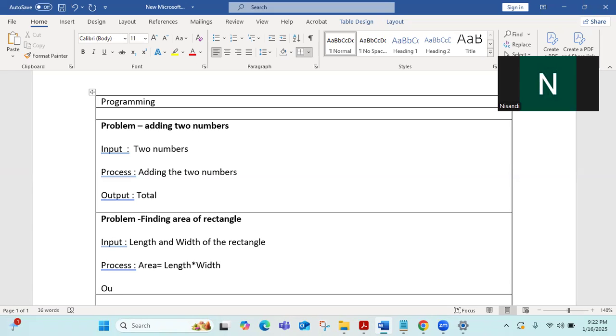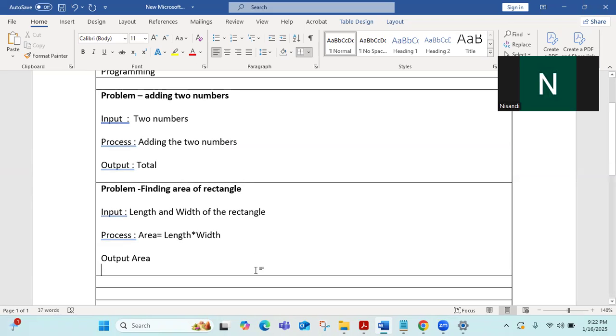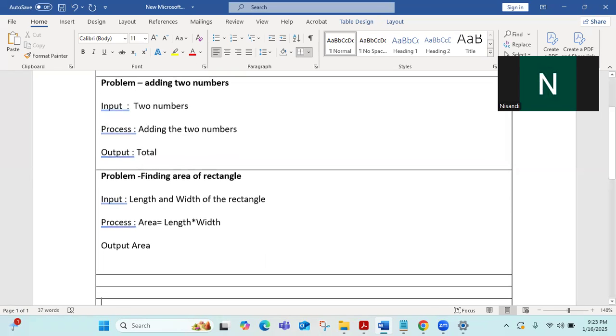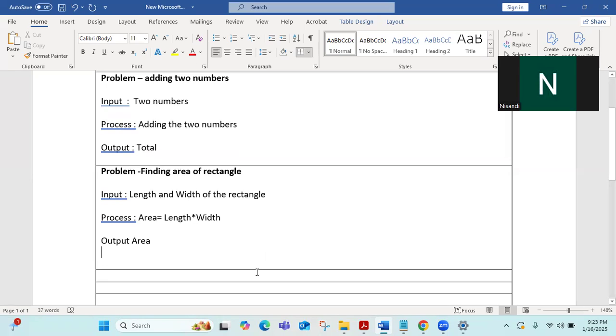Output is display the area. So the problem: input length and width of the rectangle. The process: area is equal to length into width. Output is area.